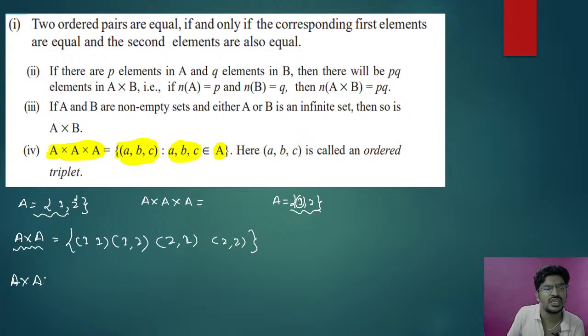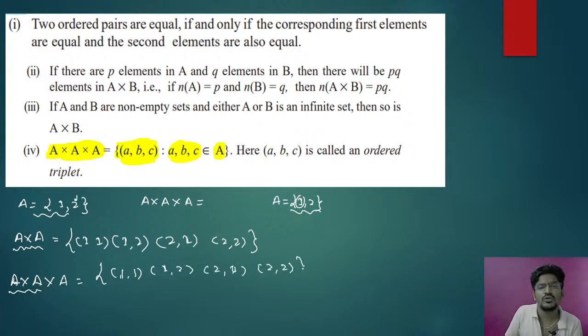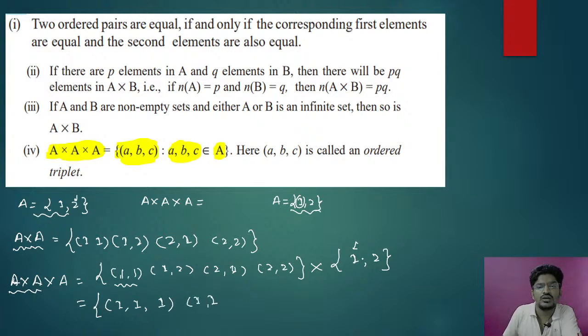Now I need A cross A cross A. First you write A cross A. What is A cross A? (1, 1), (1, 2), (2, 1), (2, 2). Again cross with set A, that is 1, 2. Now you just see here, the first element is (1, 1), so write it (1, 1, 1). Next, (1, 1) with the second element 2, that is (1, 1, 2).